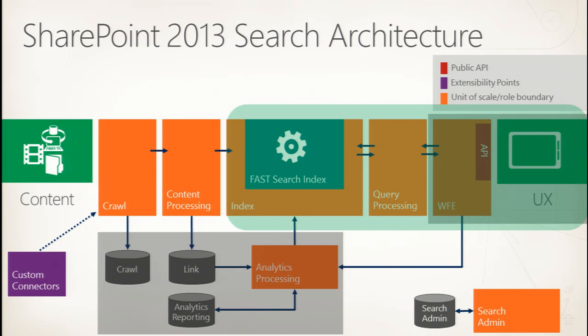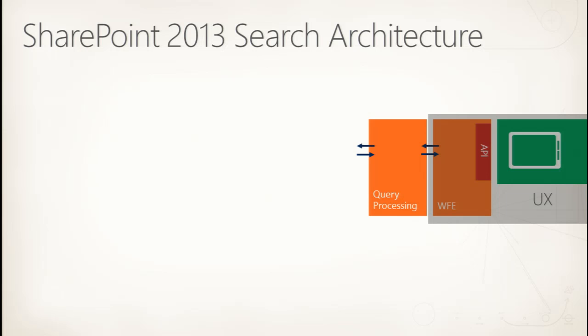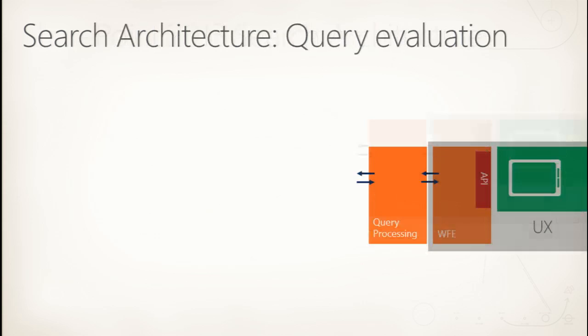Right, so let's move from the content side to the query side of things. And let's strip away the index part, because it's not important for the explanation of the process. Before we go into the query evaluation as such, remember authentication, right?